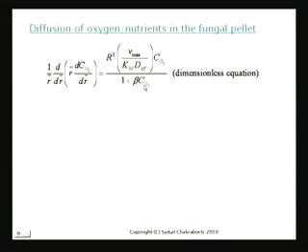A couple of things we need to understand before we go further. One is that while in the single cell we neglected the mass transfer gradient of the substrate within the cell, we cannot do it here. Why is that? Because the cell is a much smaller entity.